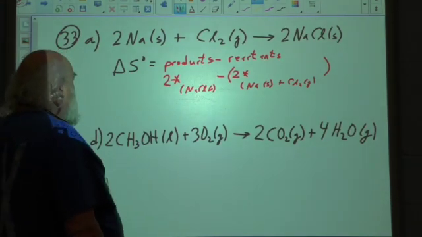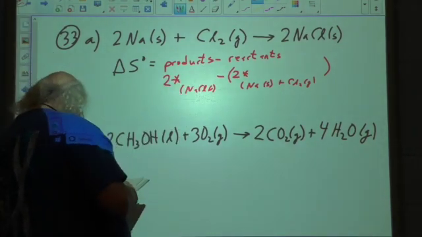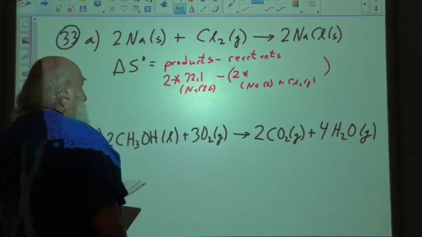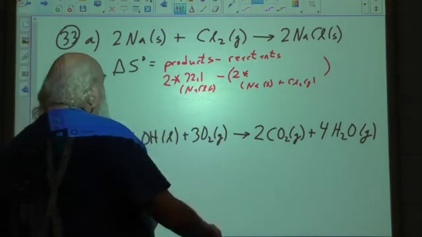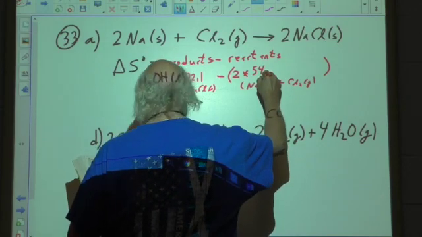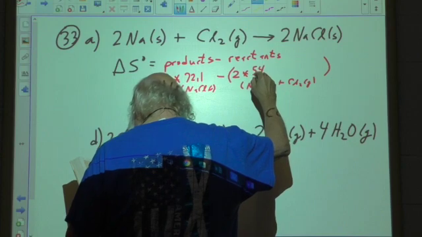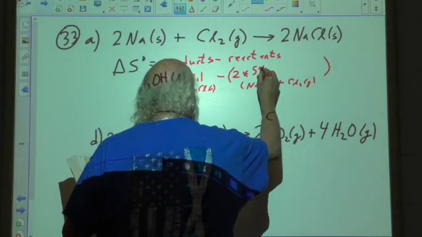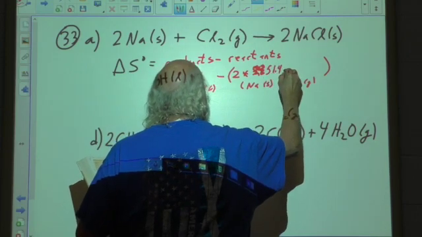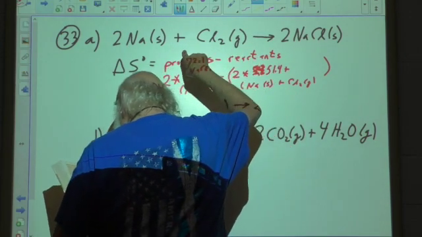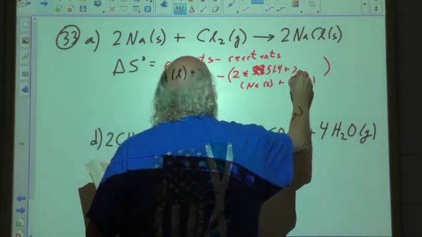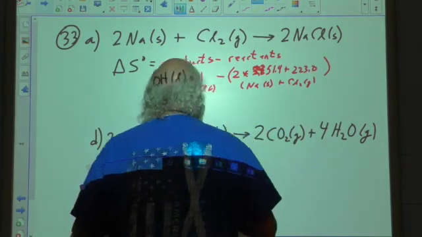But we've got 2 NaCl's here, solid, and that's 2 times 72.1, minus 2 times sodium solid, so it's 2 times 54.1. Oh, 51.4, I'm sorry. 51.4 plus, in just 1 chlorine, and chlorine gas is 223.0.